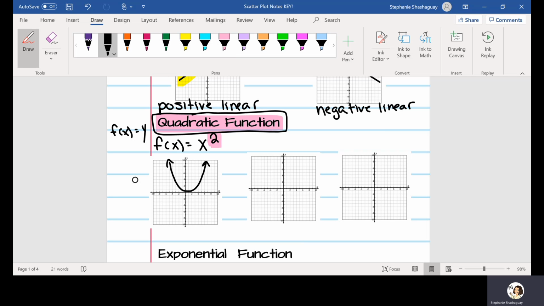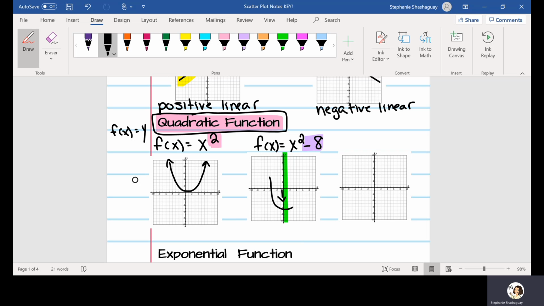Now if I had f of x is equal to x squared minus 8, this negative 8 here is going to affect where that parabola, that U shape, is on my y-axis, okay? This is my y-axis right here, and that negative 8 is going to cause that U shape to drop down to negative 8 here.